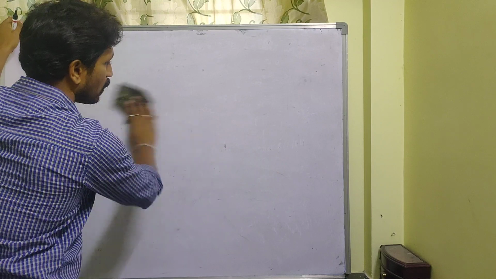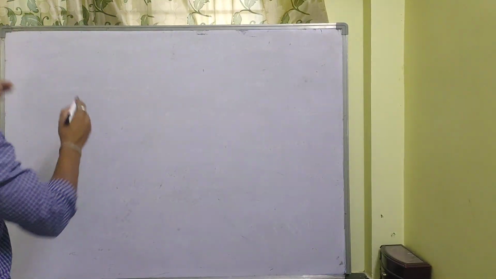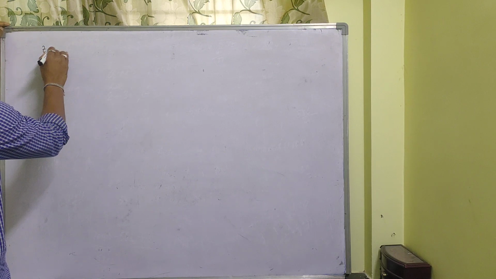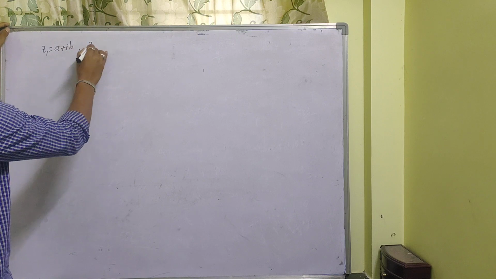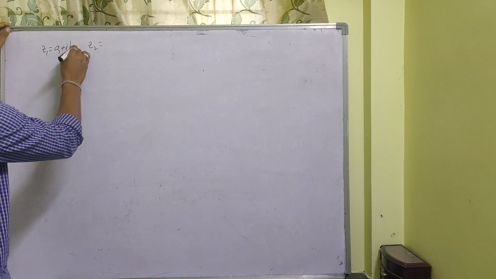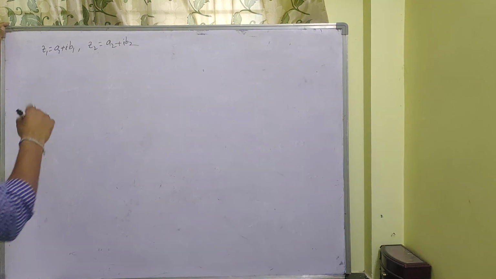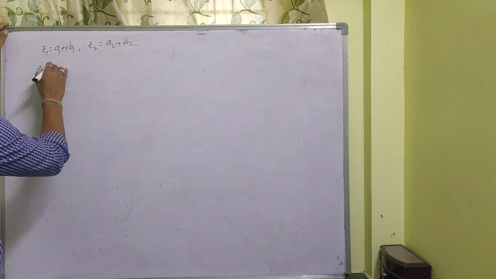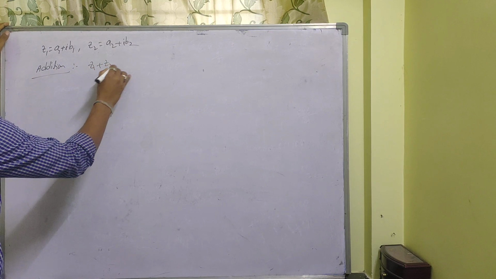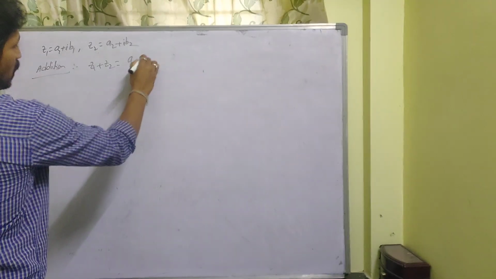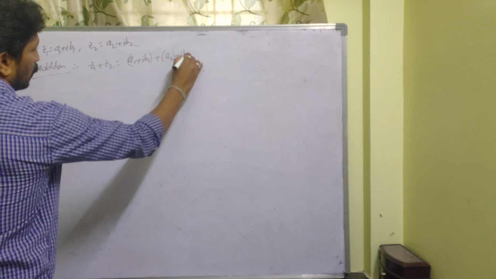How to add, subtract, multiply and divide imaginary numbers. Let us take z1 and z2 as a1 plus ib1 and a2 plus ib2. If you want to add, z1 plus z2 is a1 plus ib1 plus a2 plus ib2.